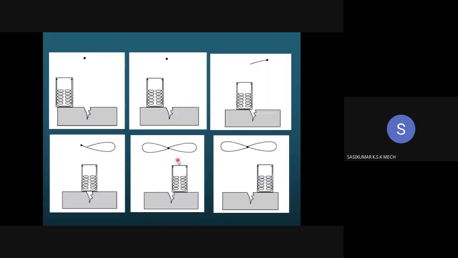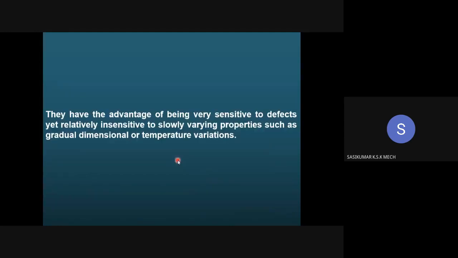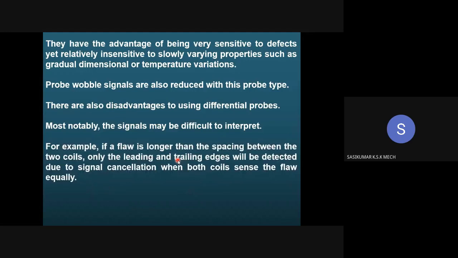So this was the absolute differential coil. One coil checks the crack detection, another coil is at the good material portion. This is what we have seen already.